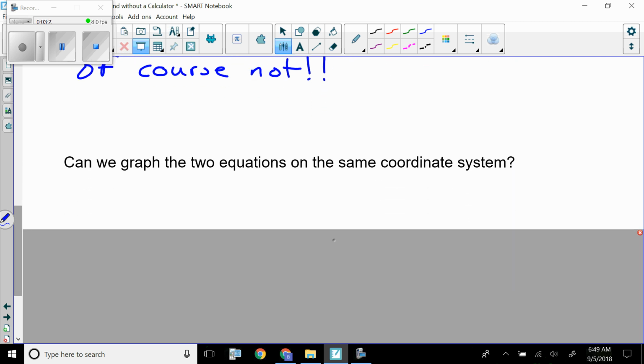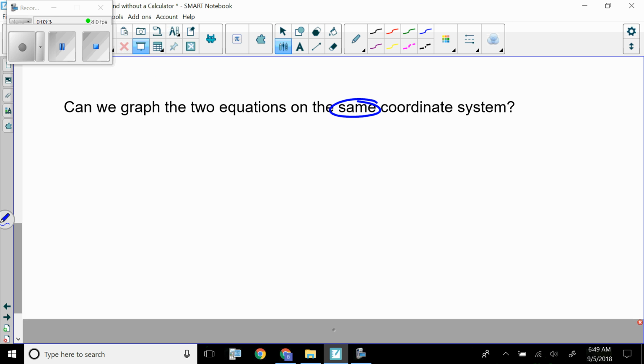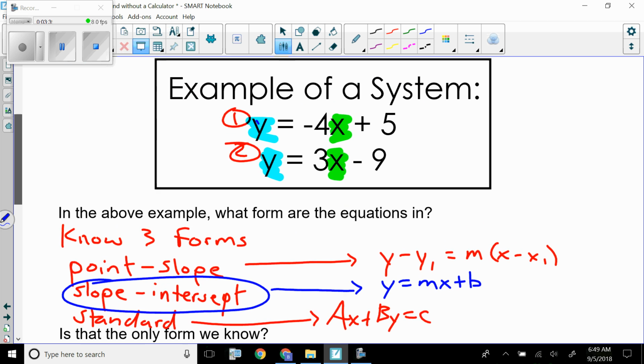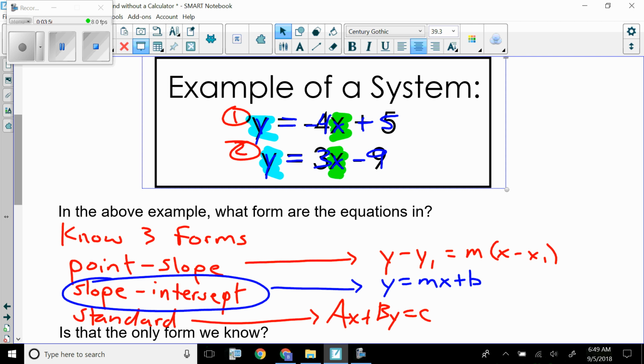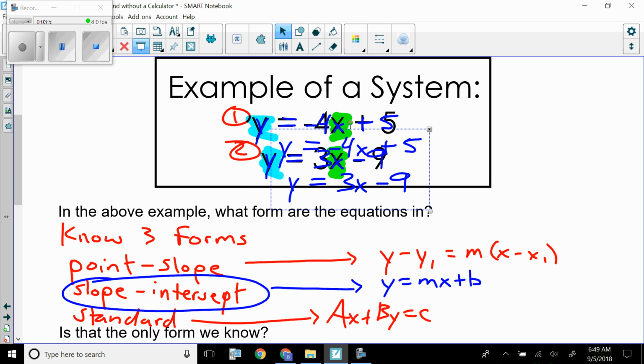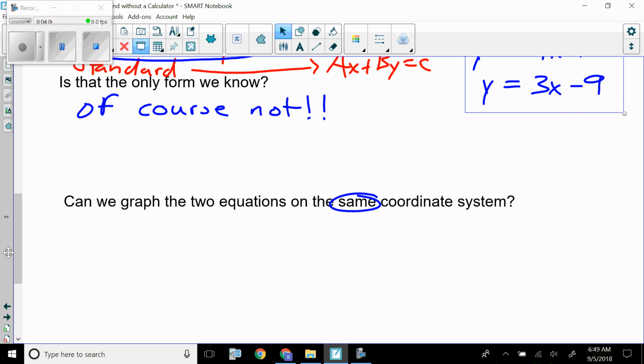Now, it says here, can we graph the two equations on the same, keyword here being same, coordinate system? Could I actually physically graph them? Let's go back up here, let's see if I can get these equations and drag them down here for us.